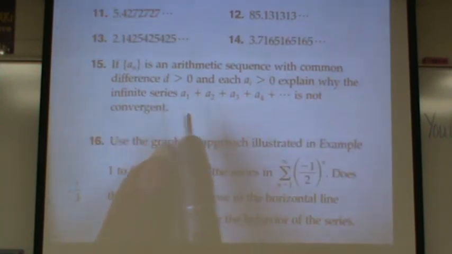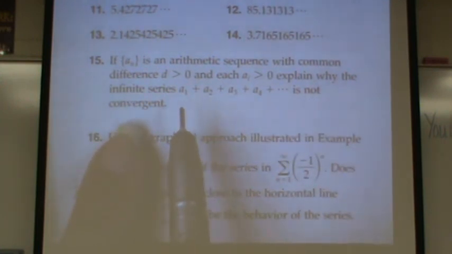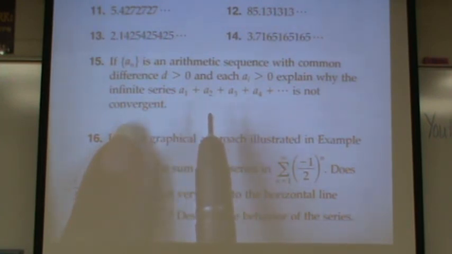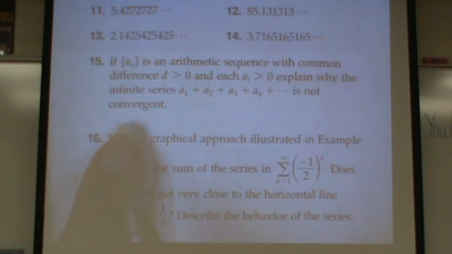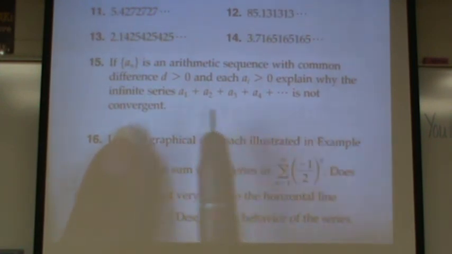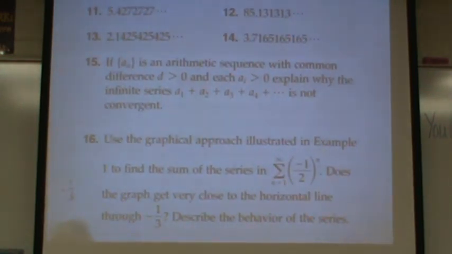The reason why it's not converging, it's diverging, is that as you are summing up these terms, they are increasing in magnitude. Since there are infinitely many terms getting larger and larger, the sum cannot converge to a finite number. So therefore, you can't do this problem. And that is the answer for number 15.